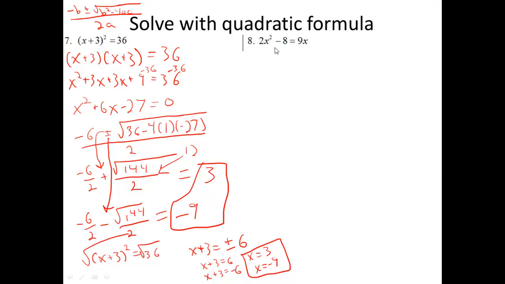So here it looks like they're going to introduce a b to us here again. We don't have a whole lot of manipulating. We just have to get that 9x over on the left-hand side. So our a equals 2, b equals negative 9, c equals negative 8.